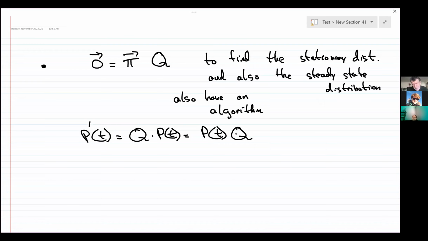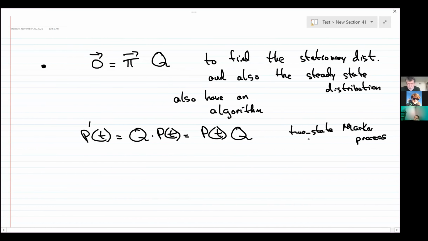And we've had a little practice of doing this. We did this in the 2-state Markov chain, Markov process rather. So that's the one we did, and we did it in general for that one.